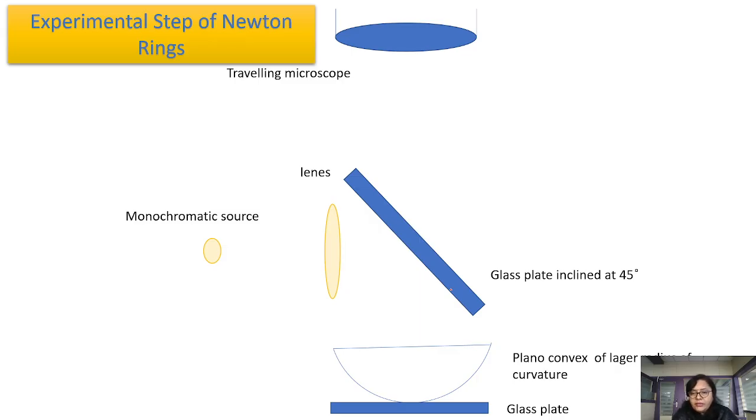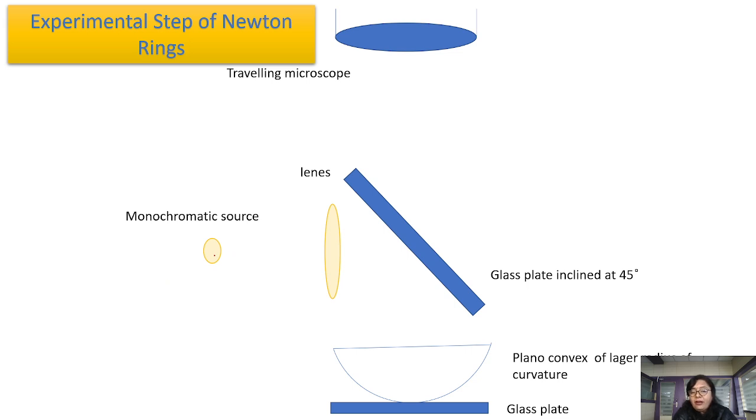Why are we placing this glass plate at 45 degrees? Because we have to see the pattern at 90 degrees, as well as the light has to be incident at 90 degrees. So this 45-degree inclined glass plate helps us to make a 90-degree angle of light over this plano-convex lens and glass plate, because the monochromatic source is placed at 90 degrees from this assembly.